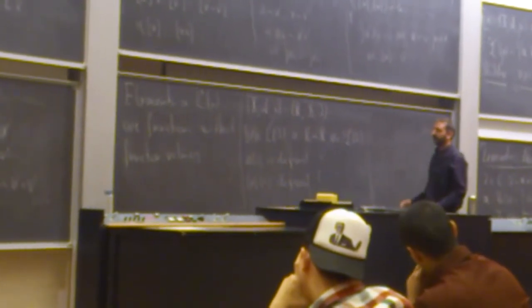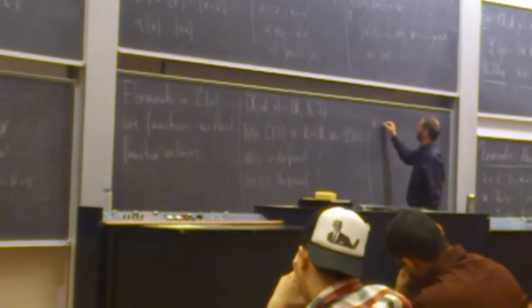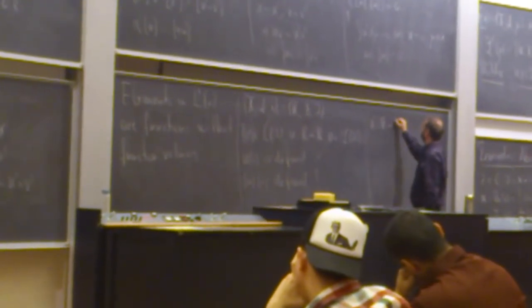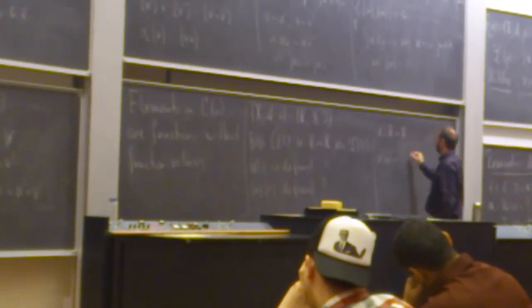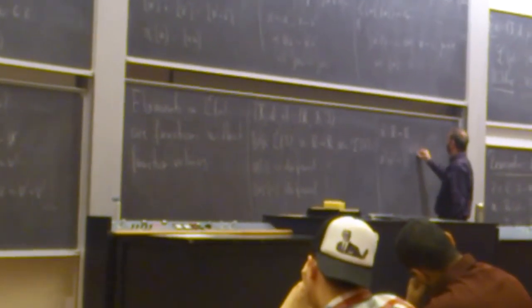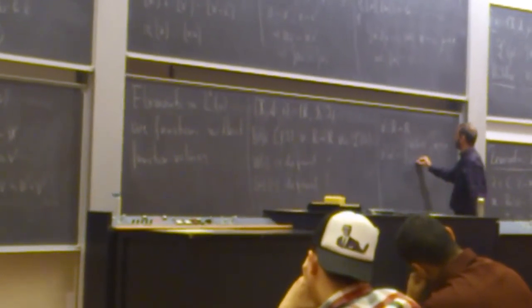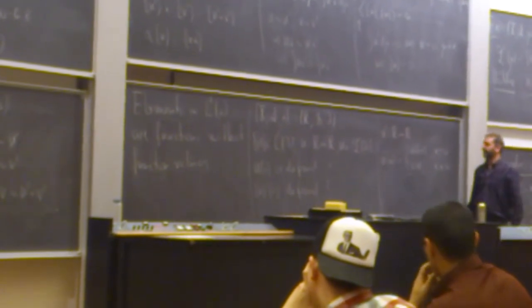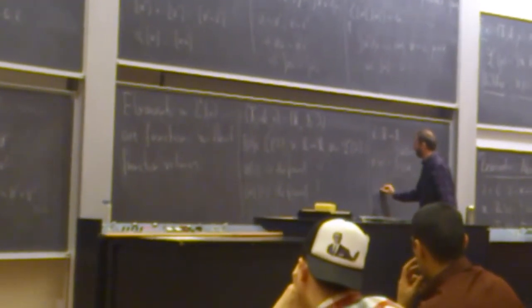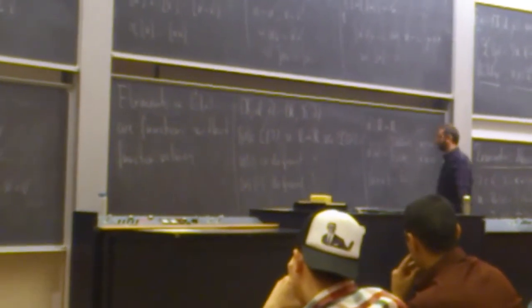You cannot do it, because I can define a new function u prime, defined by u prime of x is u of 0 plus 1 if x is 0, and u of x if x is not 0. Then the set of points where u is different from u prime is precisely just the singleton 0.